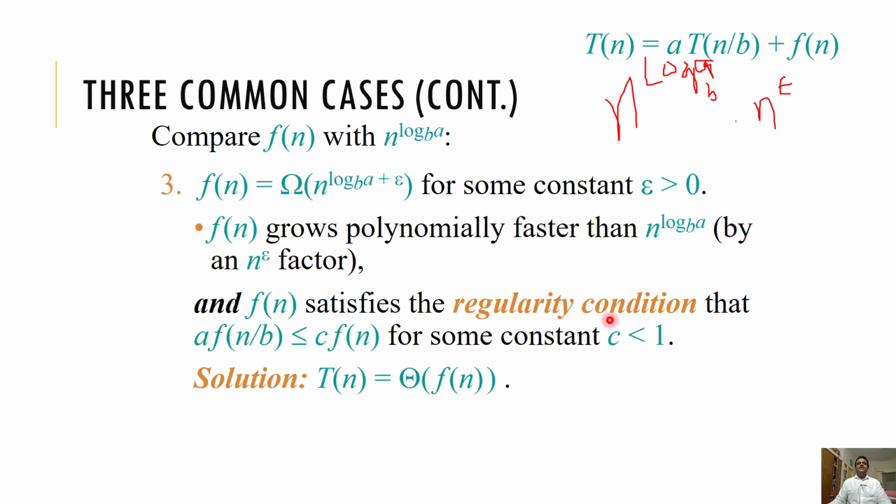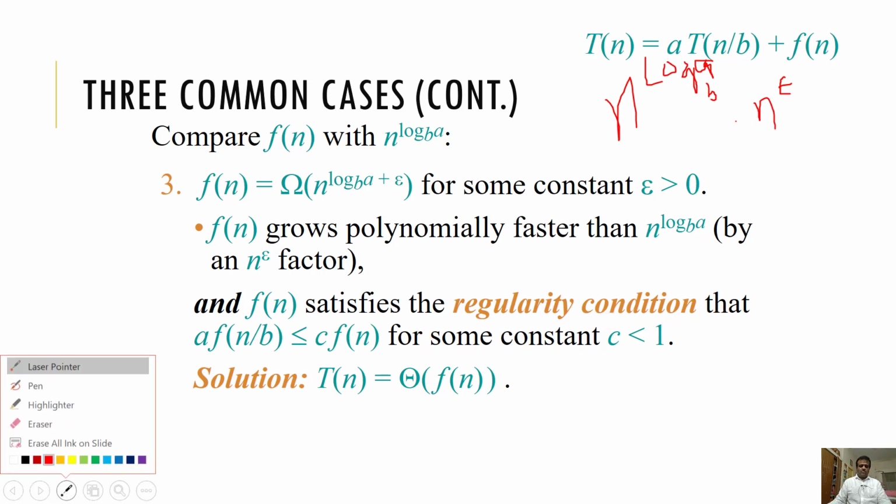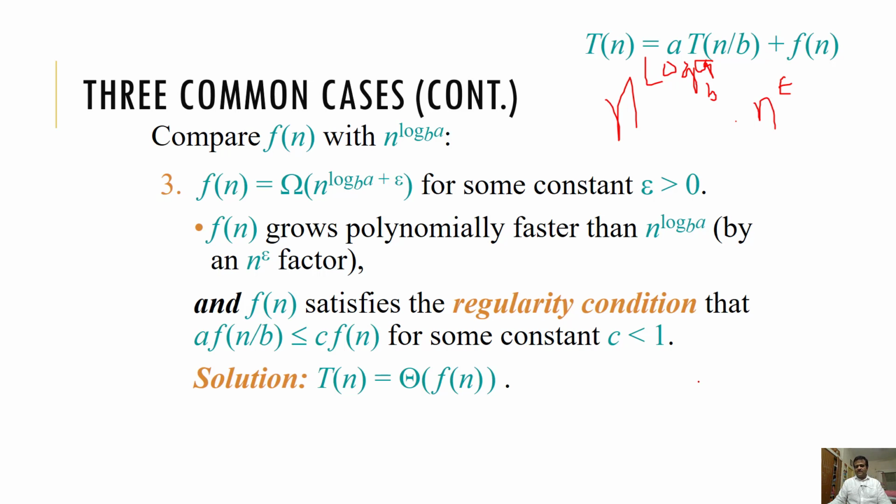So, that is the regularity condition. What is this condition telling? To understand this condition, let us draw the recursion tree of this. We have this f(n), the combining cost.